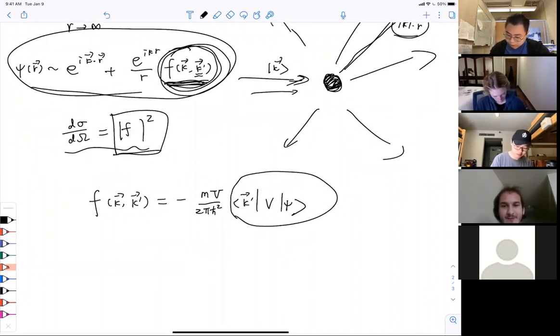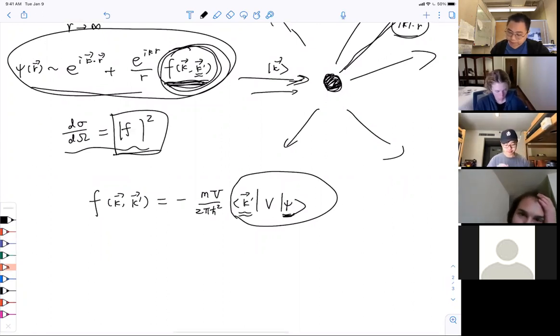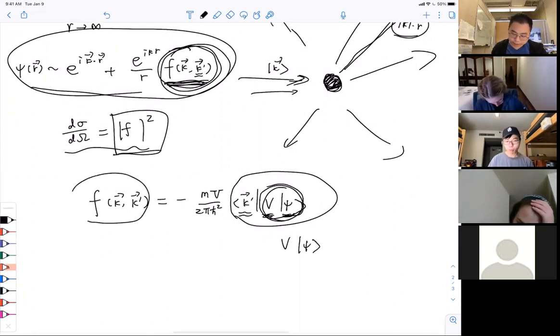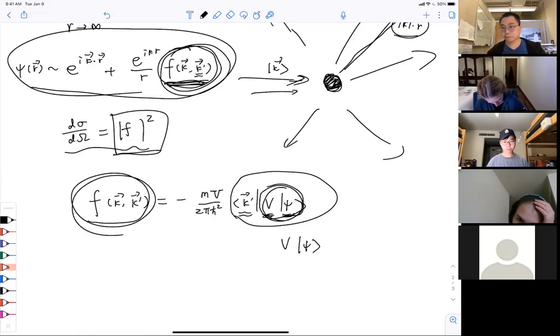This bra is just a plane wave, phi is the scattering state, and V is the scattering potential. If we know what V acting on phi is, then we can calculate this f, right?